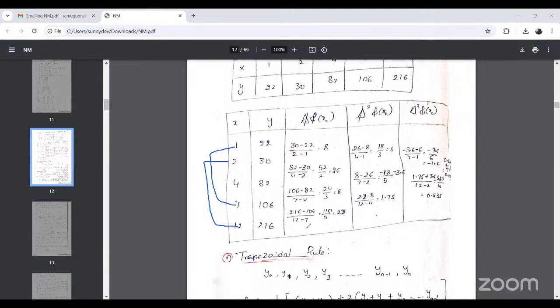So this is the divided difference table. This is important: in the short answers in the examination, if they ask to construct the difference table, we can find it like this.